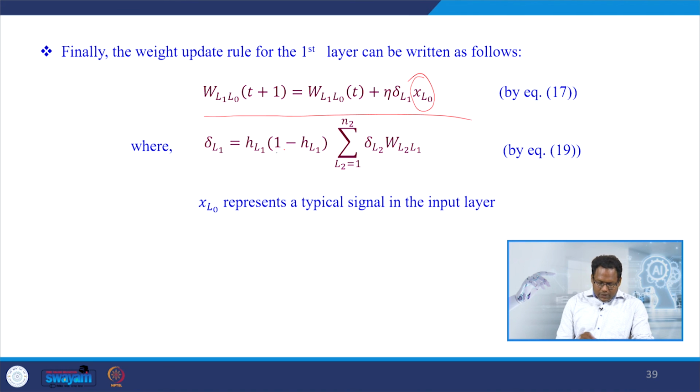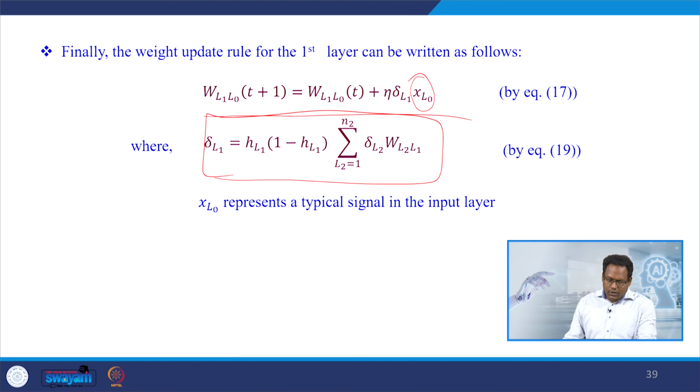And delta L1 is given in terms of delta L2 as HL1, which is the output of hidden layer 1, into 1 minus HL1, multiplied by the summation over L2 equal to 1 to N2 of delta L2 WL2L1.